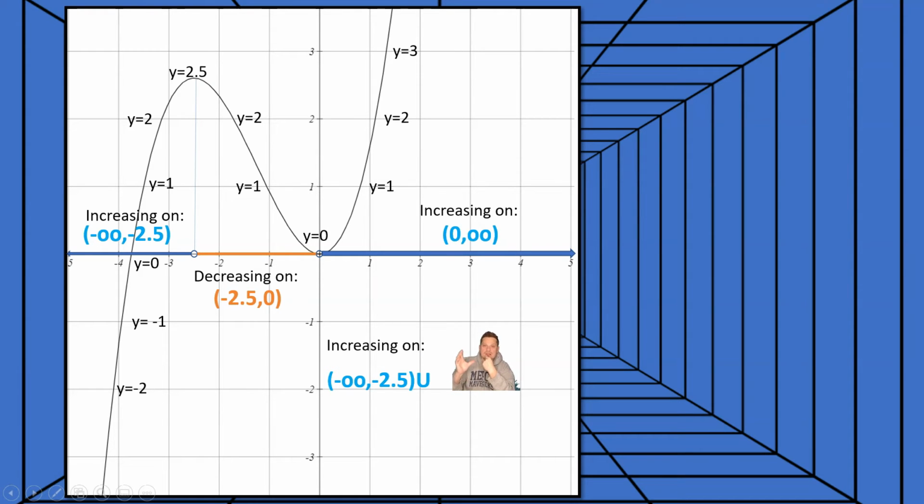So you're splicing two intervals together, and then it's going to be from 0 to positive infinity, just the way you see it below me right there. So the whole answer would be increasing on this union and then decreasing on negative 2.5 to 0. That would be the answer taken all over.